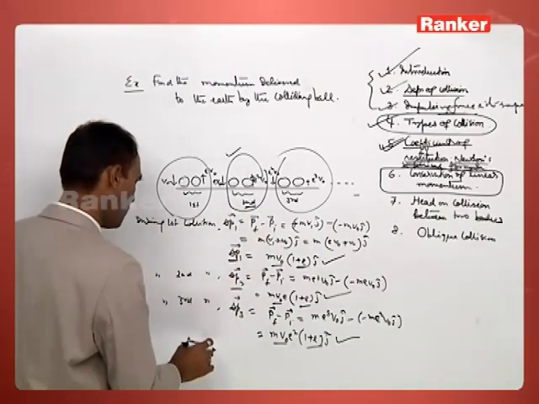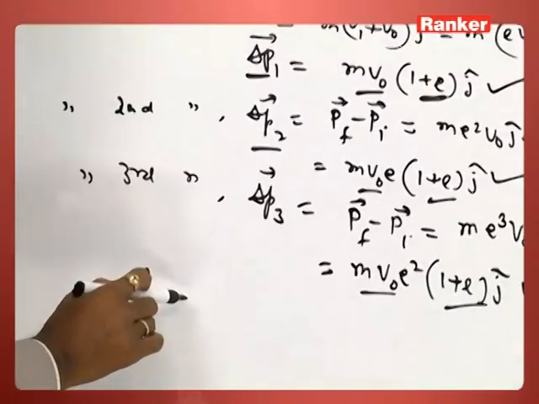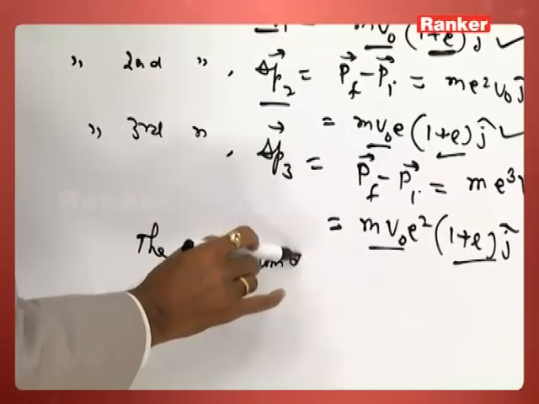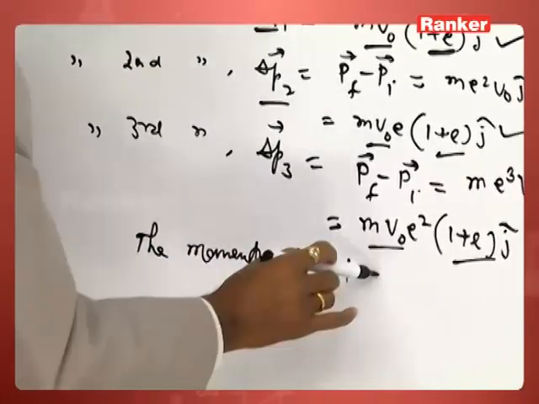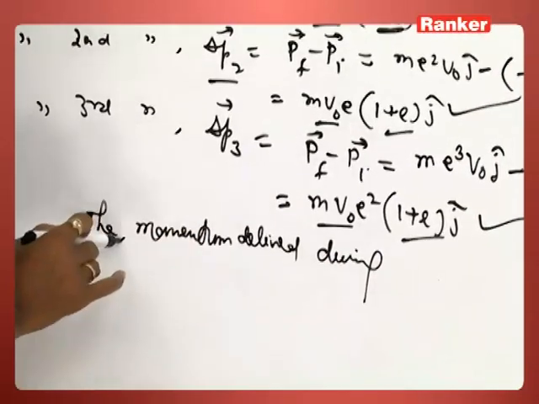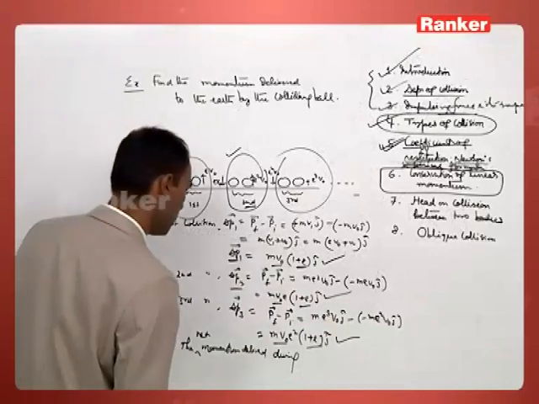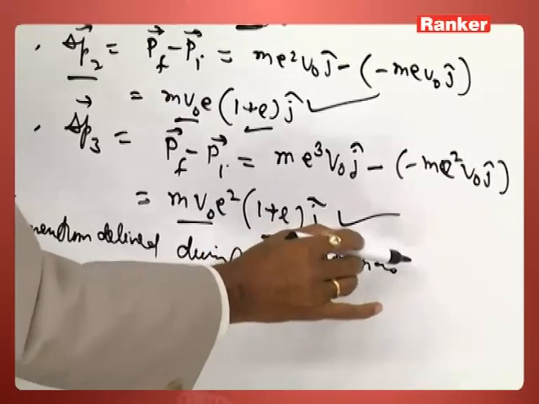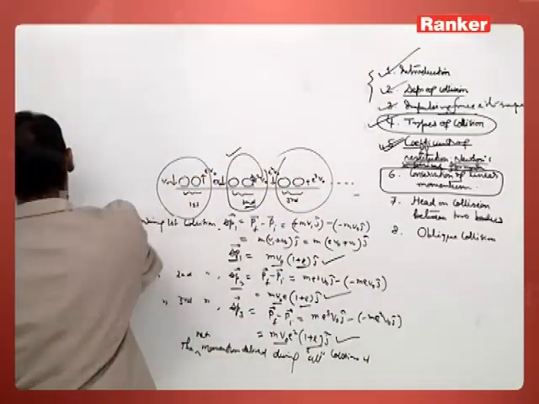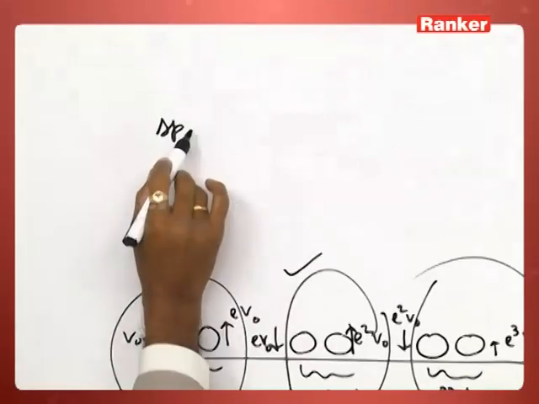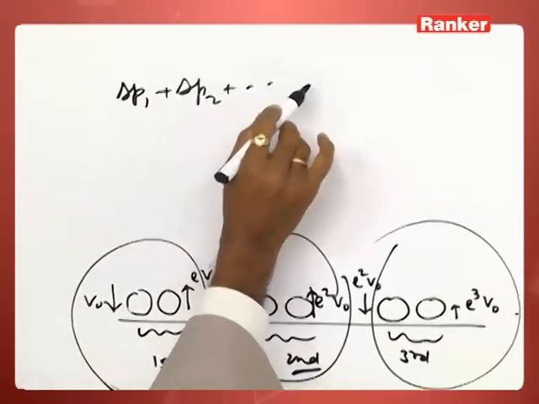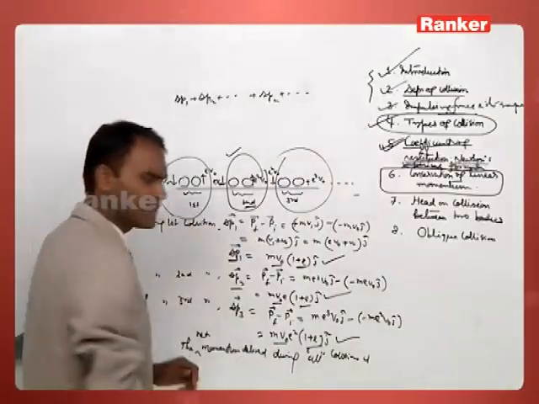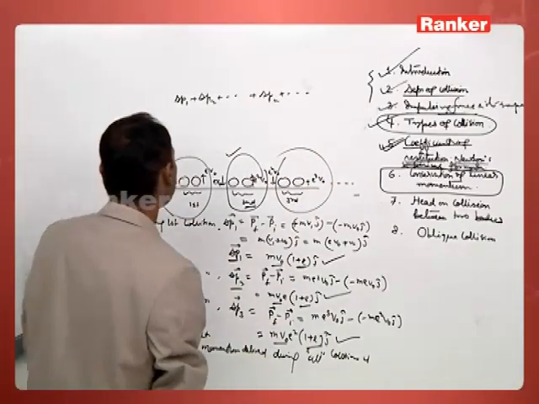In this way, if you go on adding all this, the total momentum delivered during all collisions is given as the sum of all the changes in momenta of the body during the respective collisions.